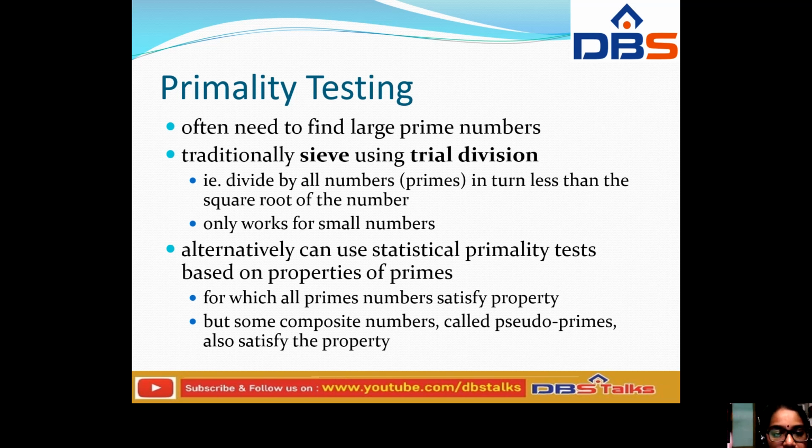So alternatively, we can use the statistical primality test based upon the property of the primes, for which all prime numbers satisfy this property. But some composite numbers, called pseudo primes, also satisfy this property.